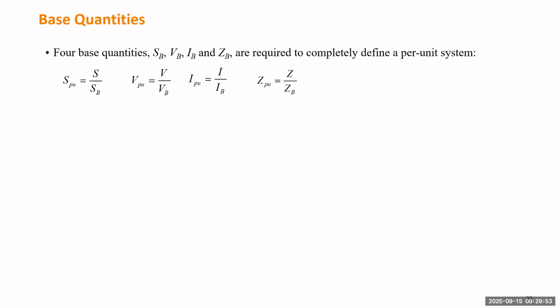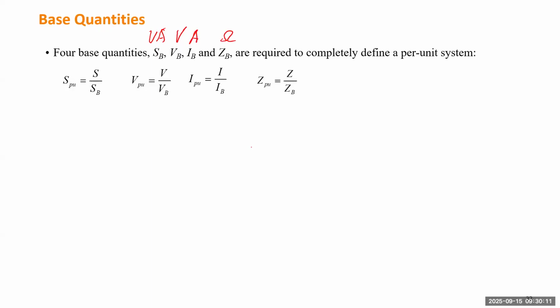For power, it's complex power, so it may not be real power, so the unit is VA or MVA. Voltage will be volt, current will be ampere, and impedance will be ohm.